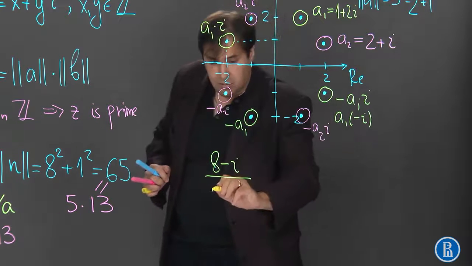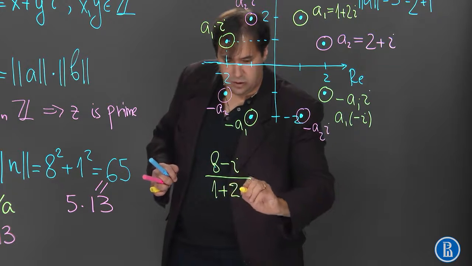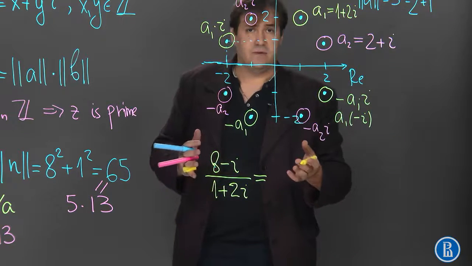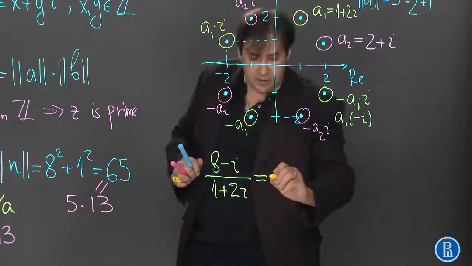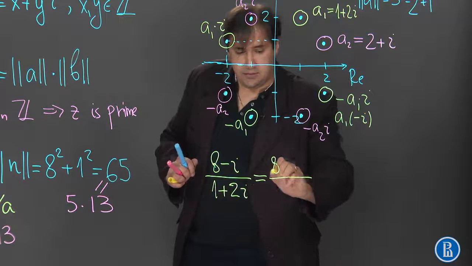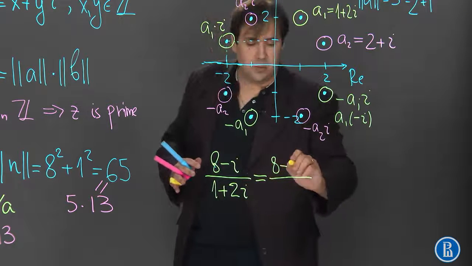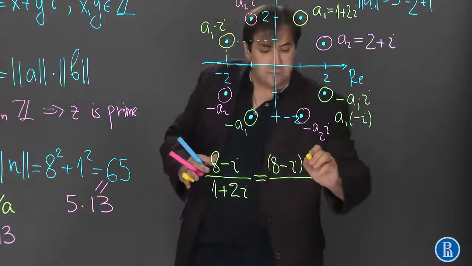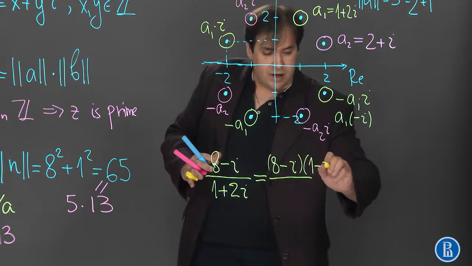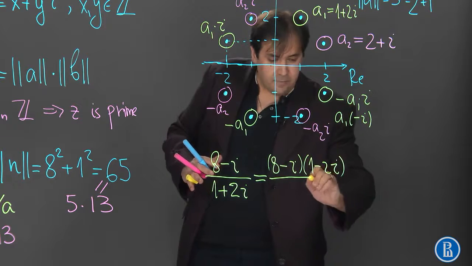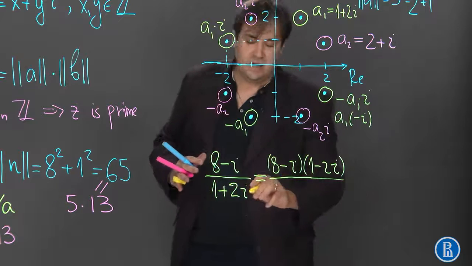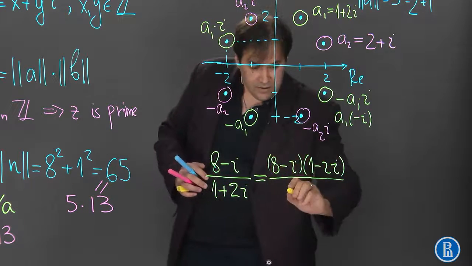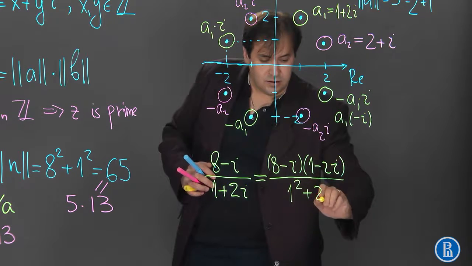as a complex number by 1 plus 2i, and we use the standard algorithm for dividing two complex numbers. We multiply both the numerator and denominator by the conjugate of the denominator, 1 minus 2i, and here we have, since it is a product of two conjugated numbers, 1 squared plus 2 squared.